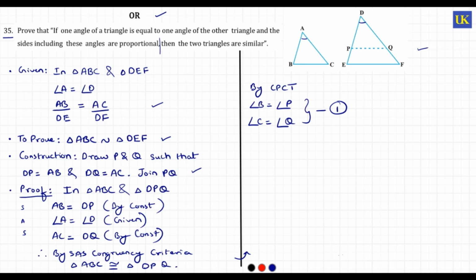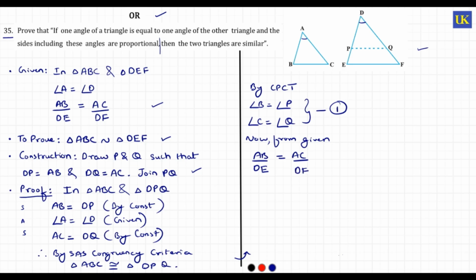Now from given, what we have in given, we'll write that. So AB upon DE is equal to AC upon DF.